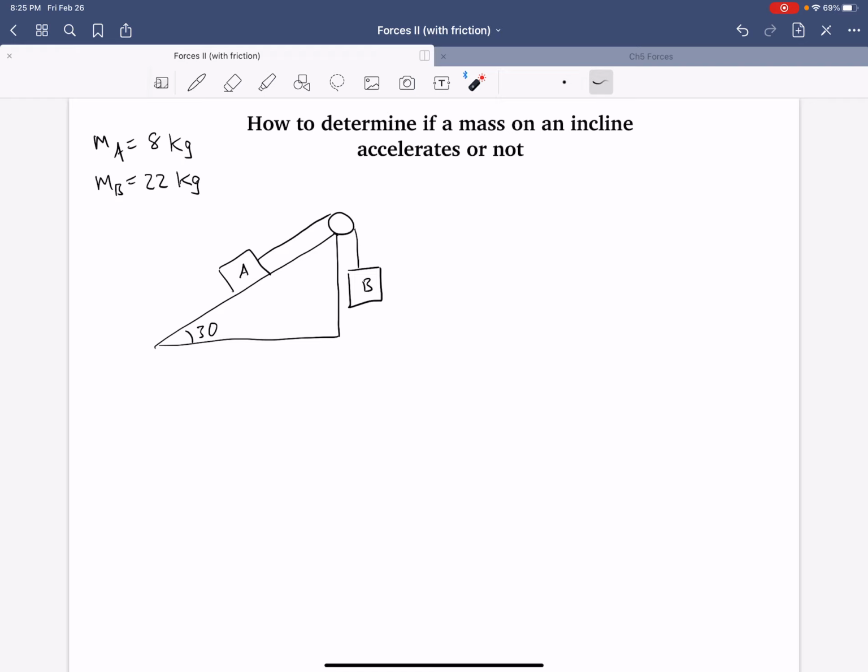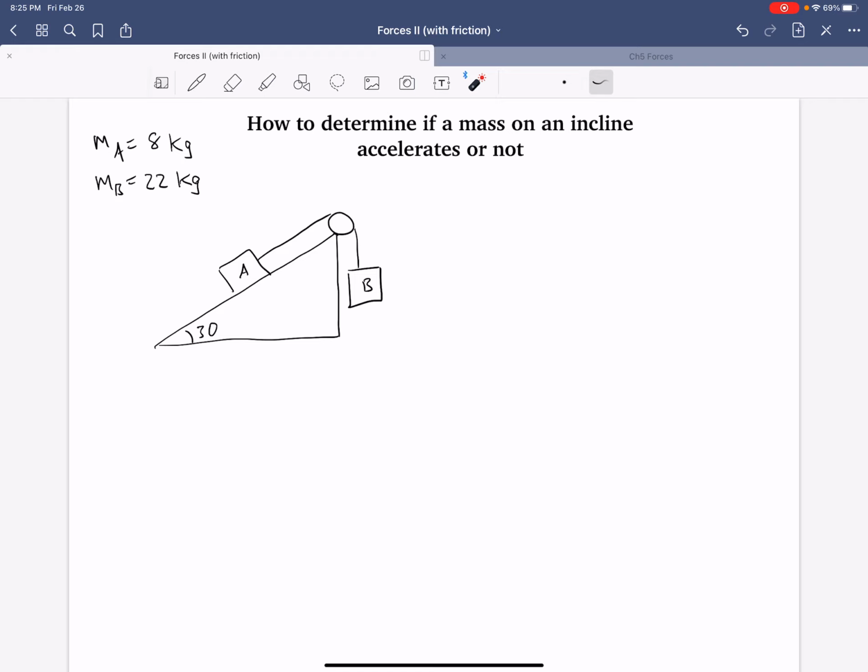So, as before, the general strategy was, once we have our second law equations, to solve those equations, or solve the equation for the maximum static frictional force, Fs max. We see which value is greater: either that or all of the other forces in that direction.